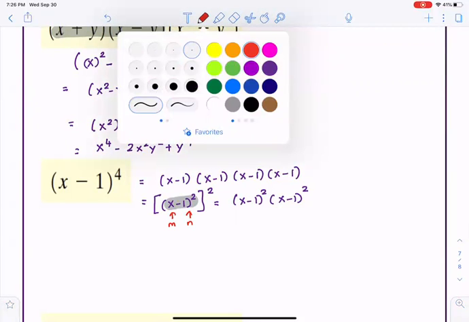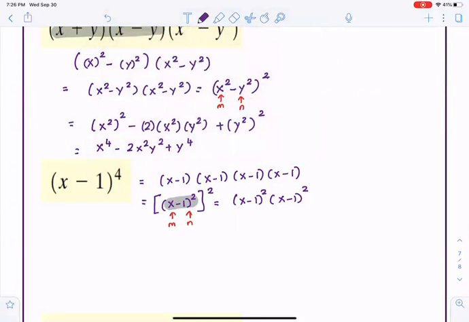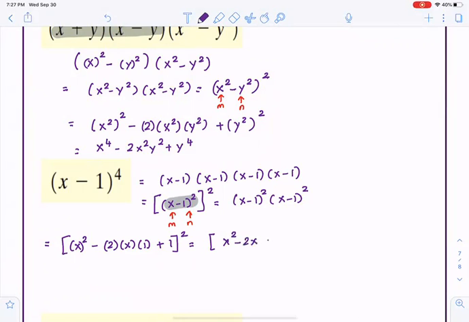We're going to use the identity that we used in the previous problem. So what is m minus n squared? m squared minus 2 times m times n plus n squared, which is 1. Don't forget the square that we have. And that gives me x squared minus 2x plus 1 squared.